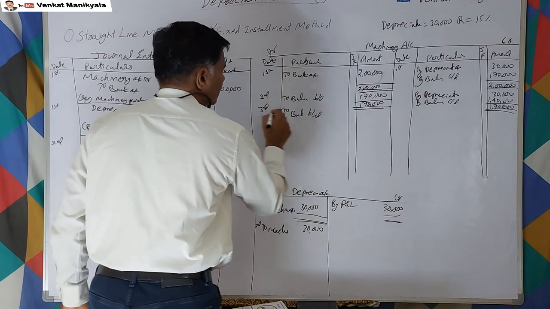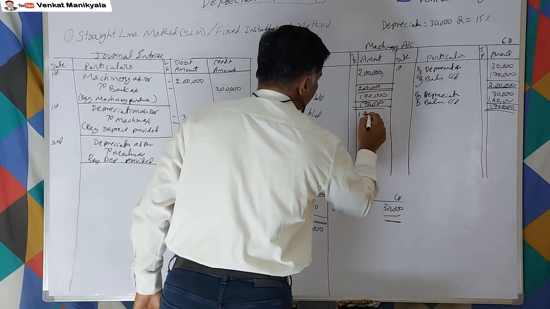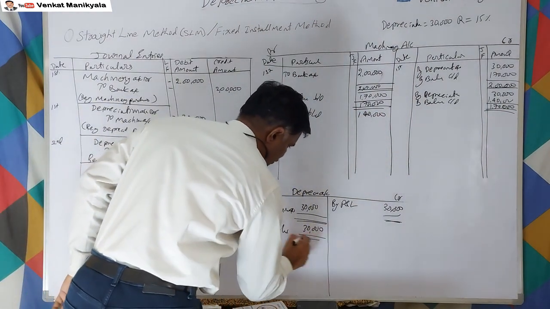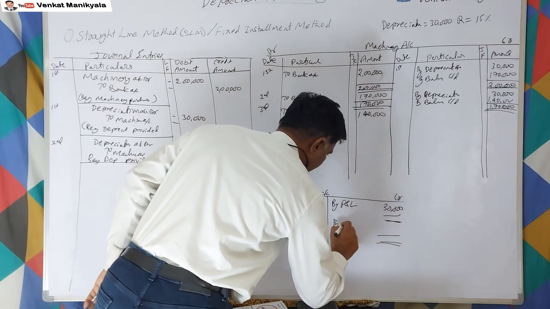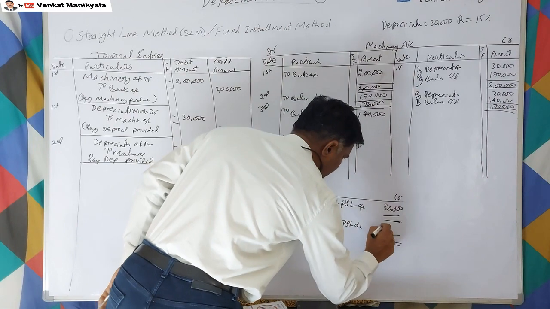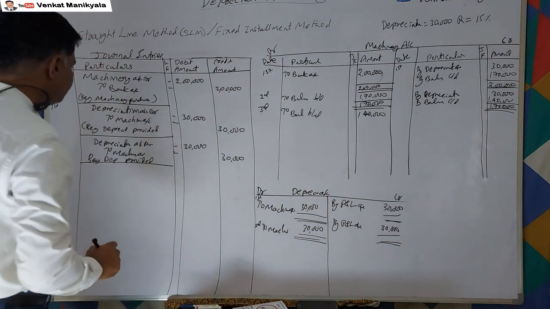This is in the third year, 1,40,000, right? So this is to be transferred to the P&L account, by P&L account 30,000. By this, the depreciation account is closed for that year, right?